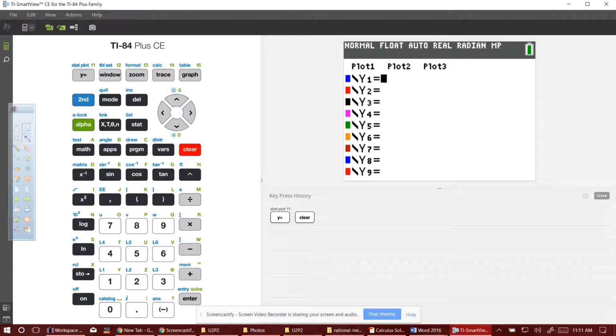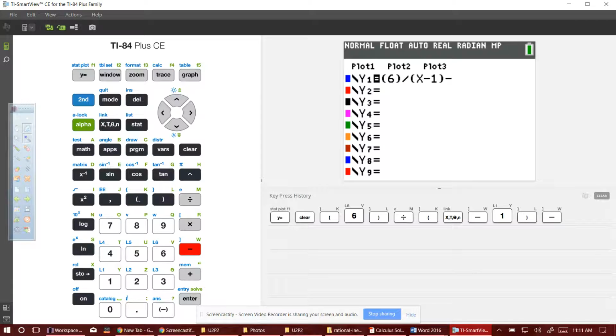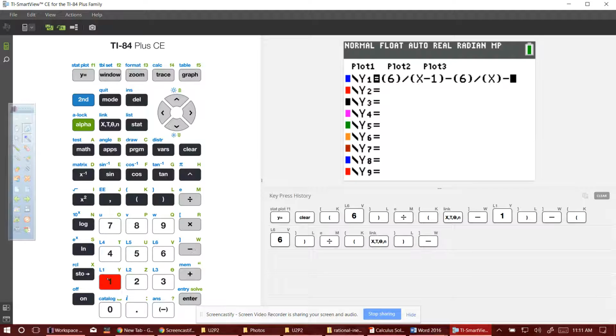So as I come in here, you're going to see me type it in that way. 6 divided by parenthesis x minus 1, then minus parenthesis 6 divided by parenthesis x, close the parenthesis, and then minus 1 because it was the only thing on the other side.